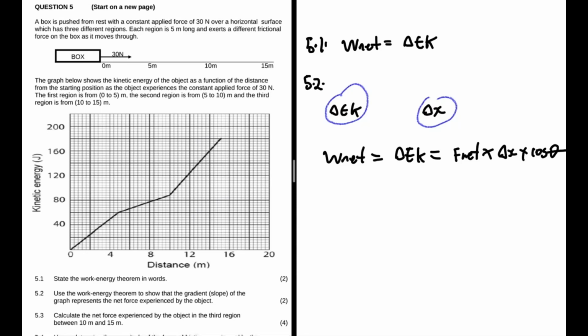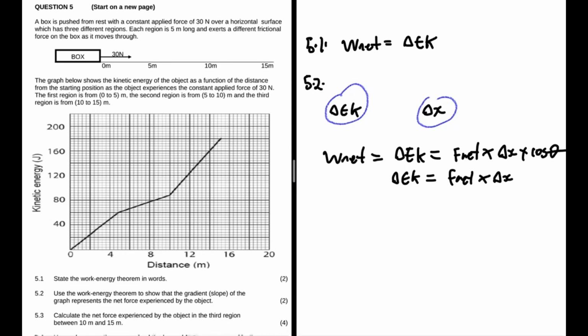Because you can see the force that is being applied, that is horizontal. Cos of theta, if theta is 0, that will be 1, right? Because cos of 0 is 1. So we just have delta EK being equals to F net multiplied by delta x.